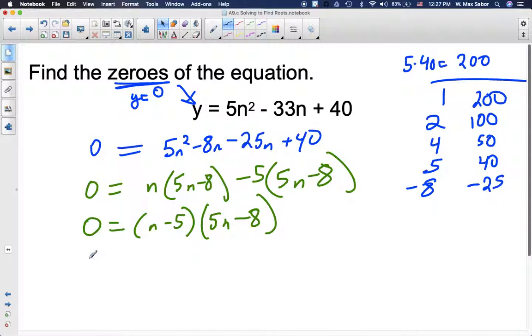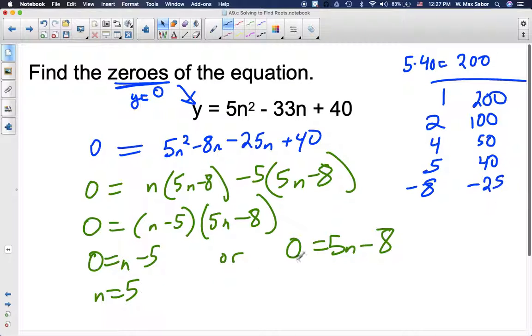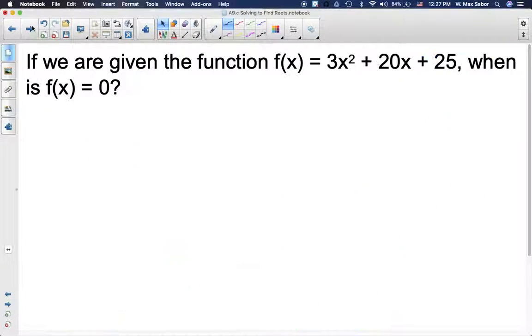So 0 equals n minus 5, or 0 equals 5n minus 8. So n equals 5, or add 8 to both sides. 8 equals 5n, so n equals 8 divided by 5. So those are our two answers.